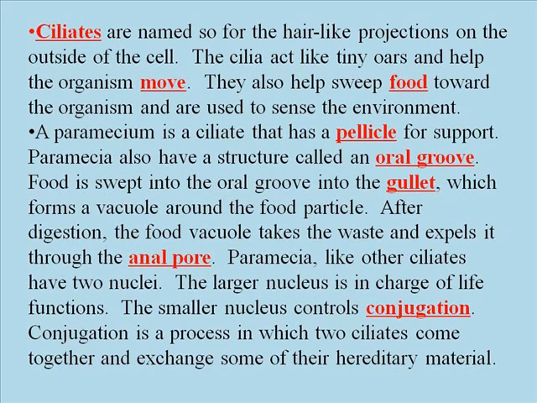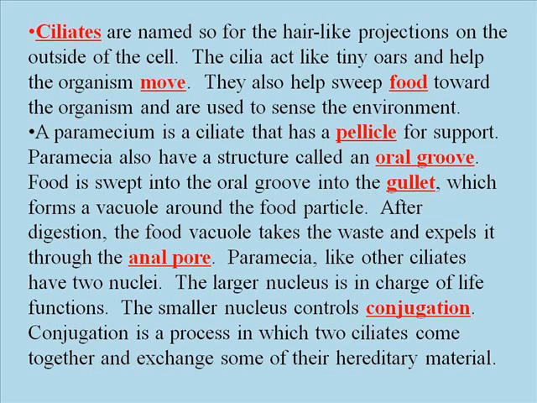Paramecium are actually a type of ciliate that are going to have two nuclei. The large nucleus is going to be like the regular nucleus inside of our bodies. It's going to take care of all of our functions of life. However, there is a smaller nucleus inside the paramecium which will be used for conjugation.